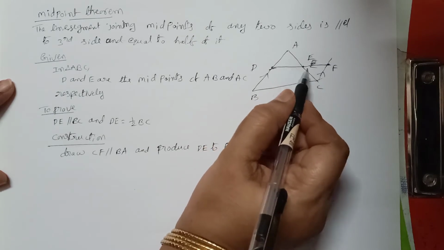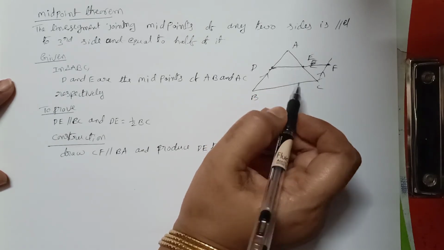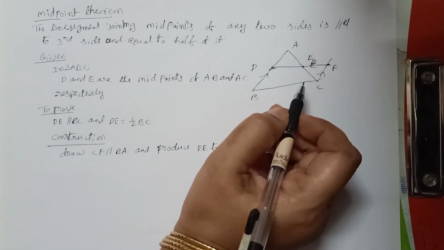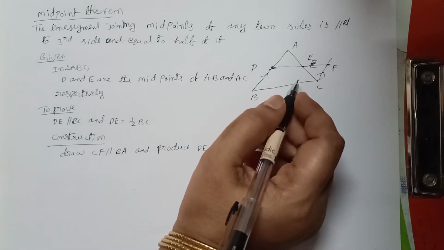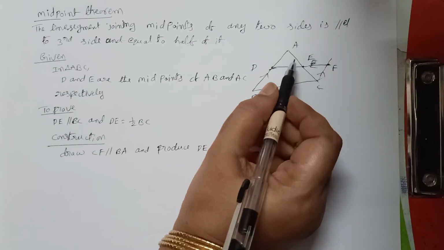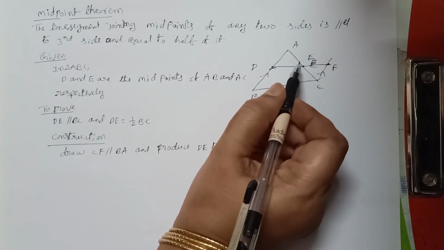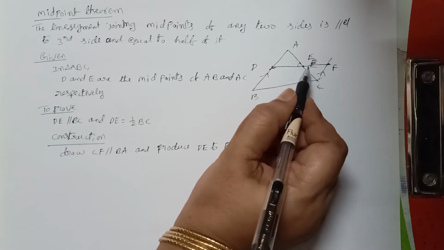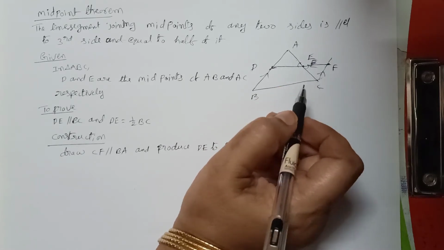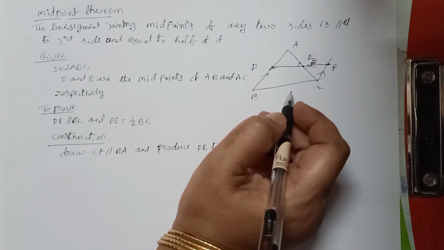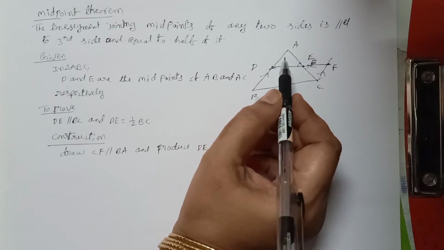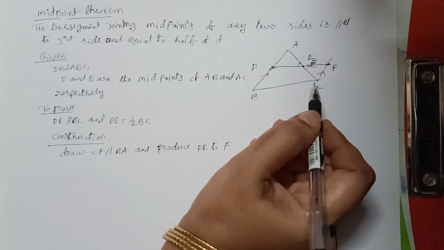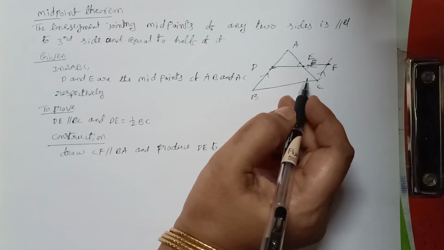Now prove these two triangles are congruent: triangle AED and triangle CEF. How to prove these two triangles are congruent? Already E is the midpoint of AC given. That means AE is equal to CE. Angle AED is equal to angle CEF, vertically opposite angles. Next, by construction BA parallel to CF.